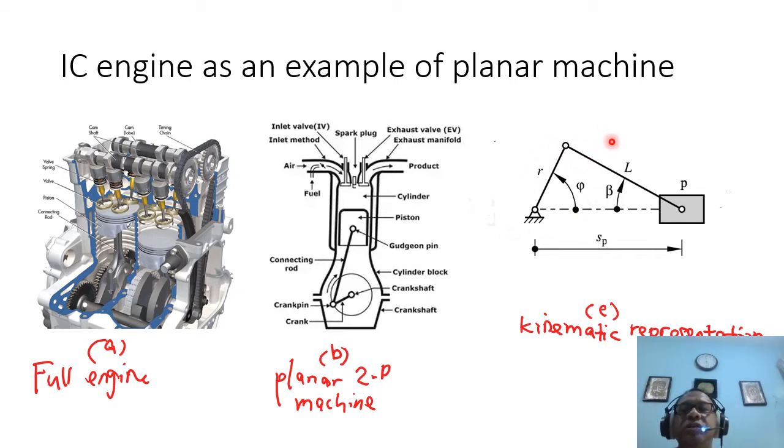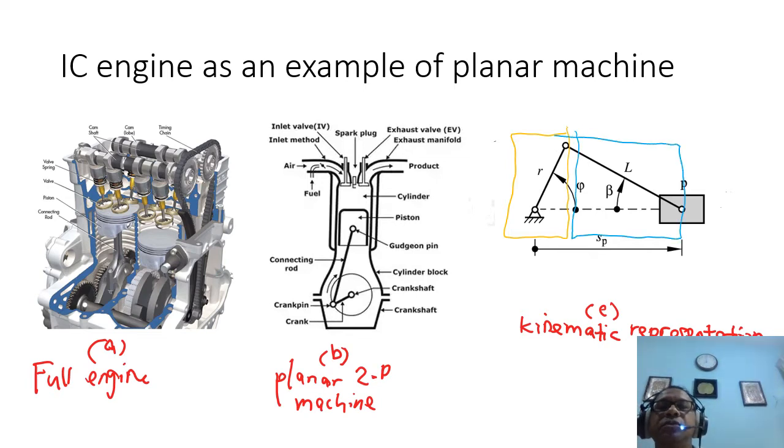So you can see that there is a geometrical relationship, and you can see there is a triangle here, which we can use to find SP. Let me write it down. You can see that there is one triangle here, and there's another triangle there. So you can find the horizontal components.